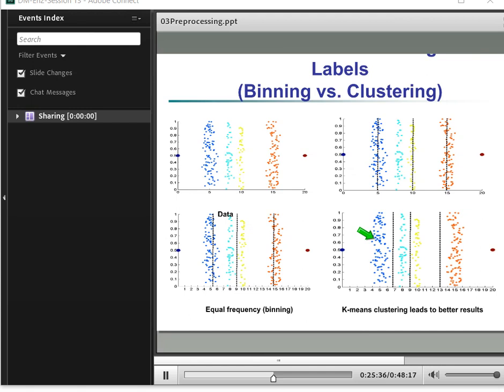K-means could divide the data into very clear bins. You can see K-means works well.